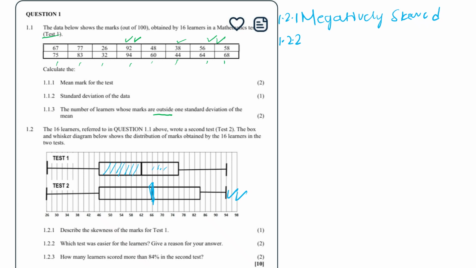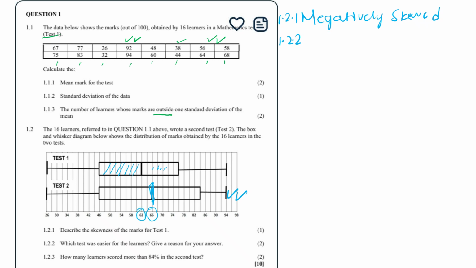Or we can say 50% of learners got a mark higher than 66 in test 2, right? And while in test 1, 50% got a mark which is less than 62%, right?